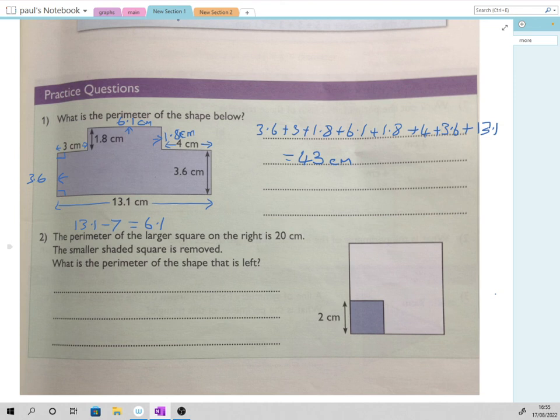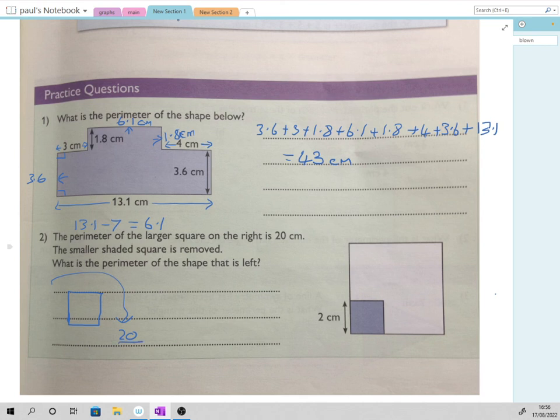The perimeter of the largest square on the right is 20. Now, there's something to know. Remember we said that a square, all the sides are the same. Now, if all the way around is 20, these four sides must be the same as each other.